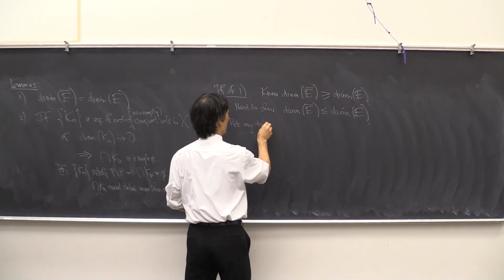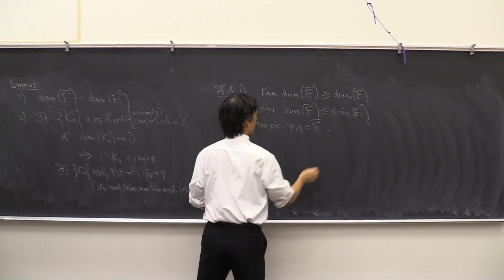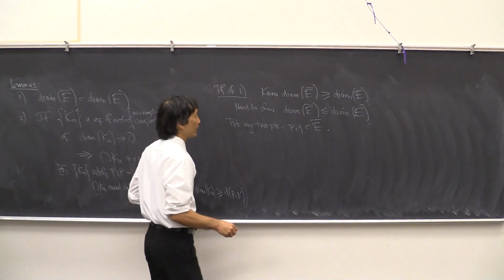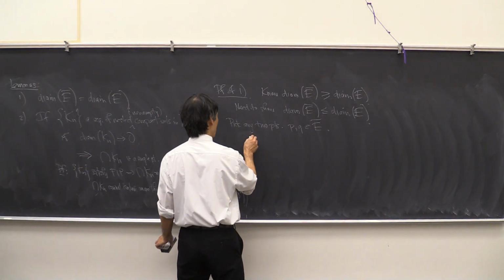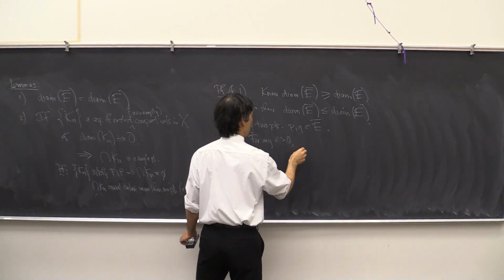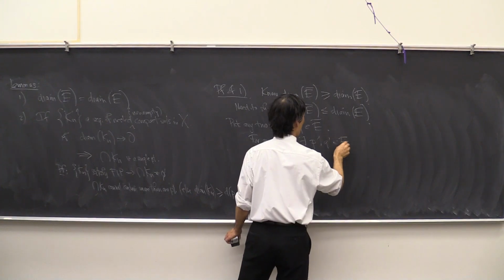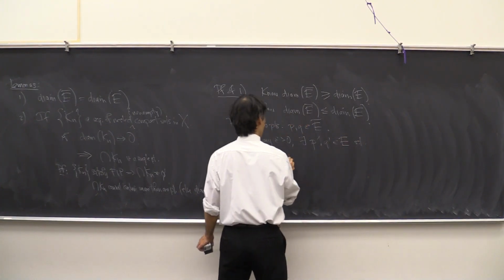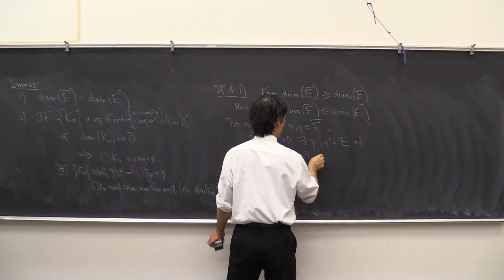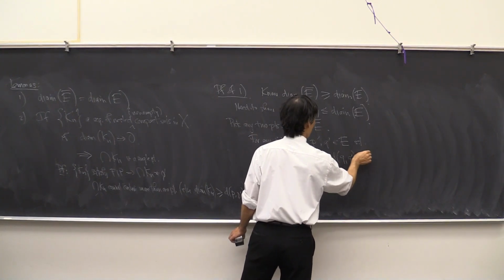So pick any 2 points, P and Q in E bar. Okay. And then for any epsilon, we know that there exist P prime and Q prime in E, such that the distance between P and P prime is smaller than epsilon, and the distance between Q and Q prime is smaller than epsilon.